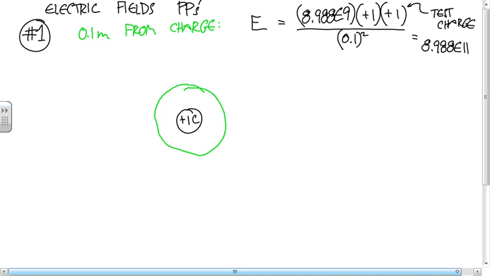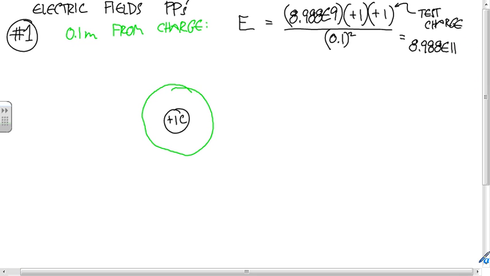And what are the units of the electric field vector? Think of it this way: electric field vector is force vector divided by Q. So it's going to be newtons divided by coulombs. Okay, so this is newtons per coulomb.